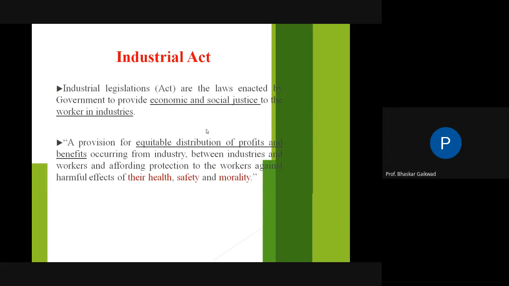Provisions for equitable distribution of profit and benefits accruing from the industry between the industry and workers, offering protection to the workers against harmful effects on their health, safety, and morality. So the government has made certain acts from the industrial safety point of view, health point of view, and social morality point of view.